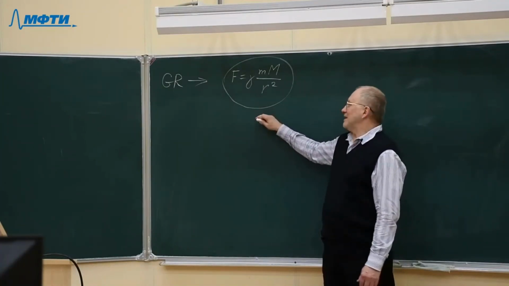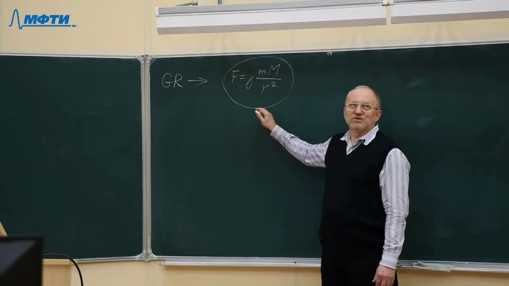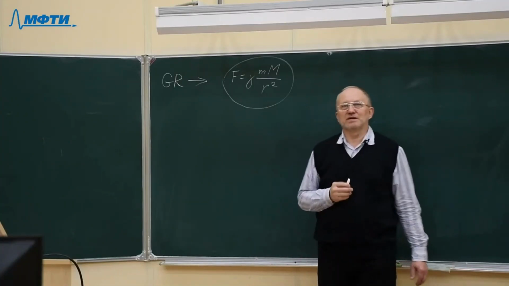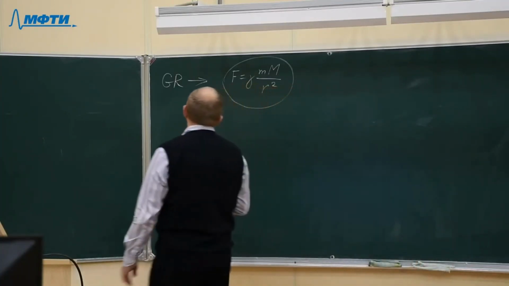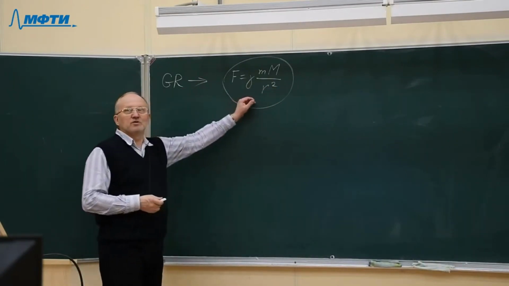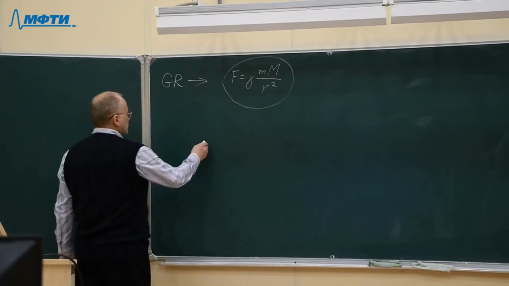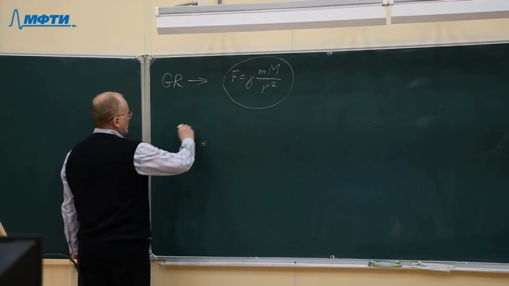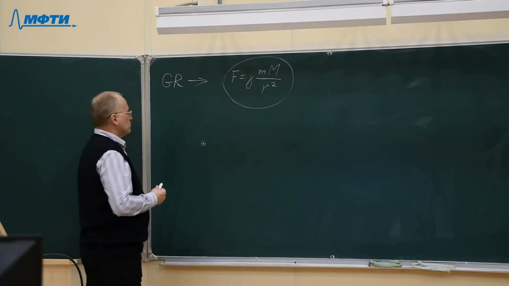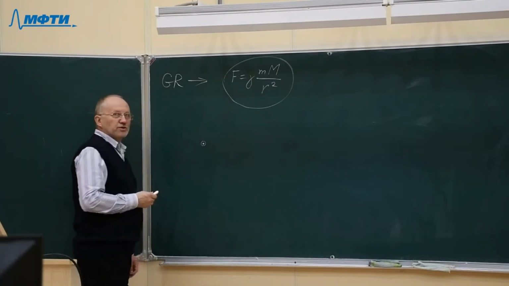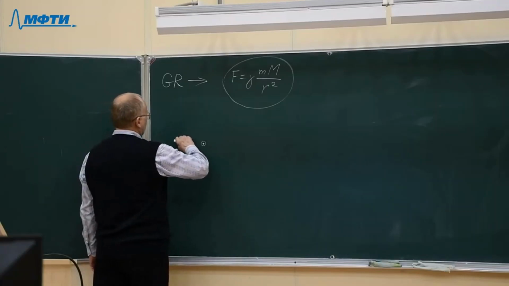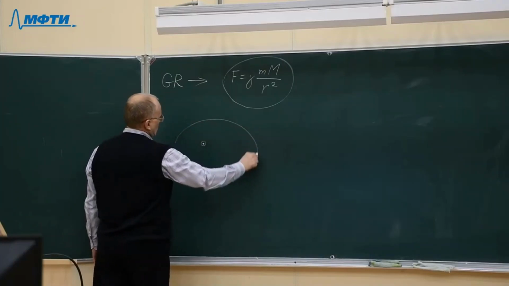But anyway, some discrepancies were found between the predictions of this law and the real motion of planets. The real motion of planets is somewhat more complicated than Newton's law predicts. If this is the Sun and this is the planet, the trajectory of the planet's motion is very close to a circle, but actually it's not exactly a circle, it's an elliptical trajectory.